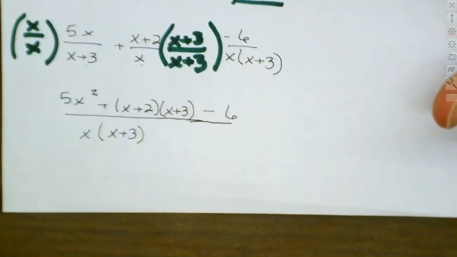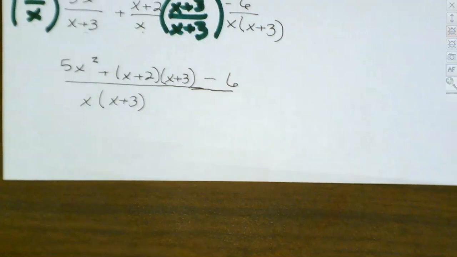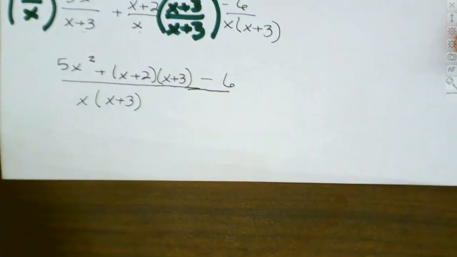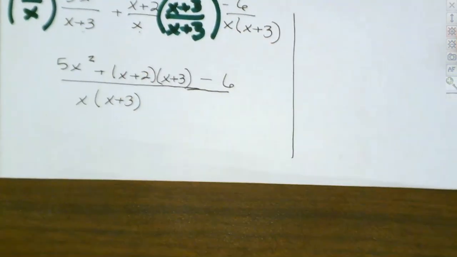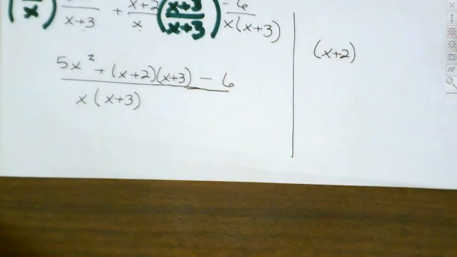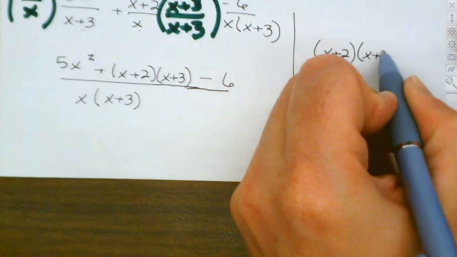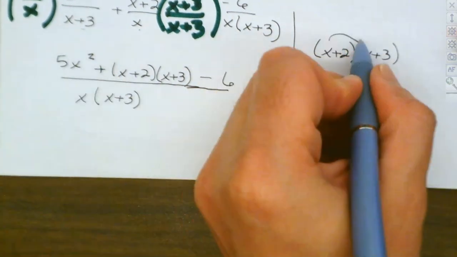Now, we might be able to reduce this down a bit. We want to break up all of our parentheses so we can work with it. And we may have to FOIL. Some of these require all the techniques that we learned in Chapter 5, as well as some from 4. So let's take this, x plus 2 times x plus 3, and let's FOIL it out.